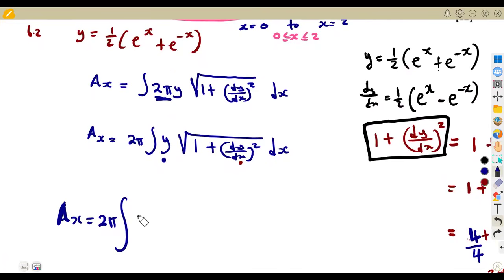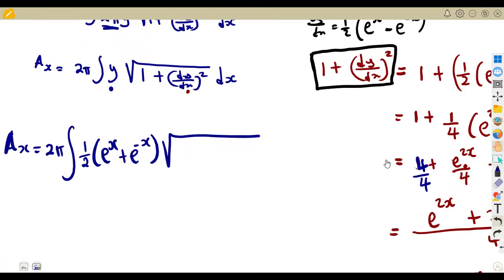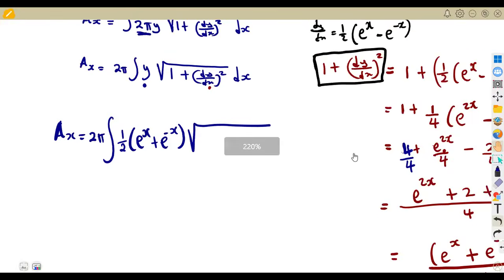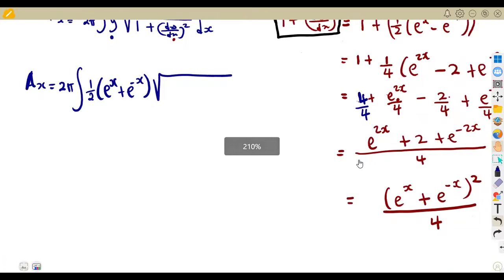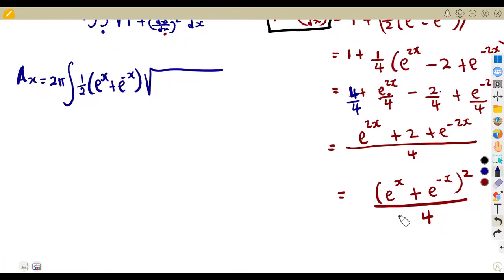So y is equal to a half of e to the exponent of x plus e to the exponent of minus x, like this. All right, times the square root of this here, which is the one that we have been simplifying all along, which we got here as a single term. That was this part. All right, so here we got this as a single term, which is e to the exponent of x plus e to the exponent of minus x squared, like this.